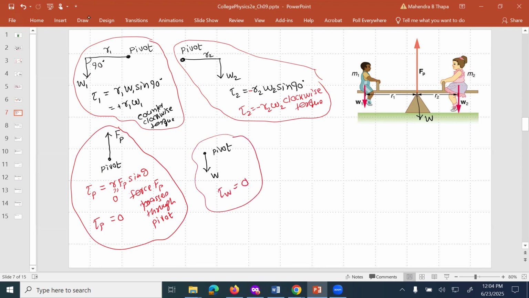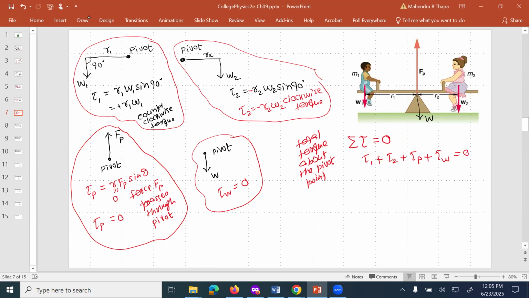Okay. Now we can use the concept of equilibrium. One of the requirements is that total torque will be equal to 0. So this is the total torque about the pivot point. We can write tau 1 plus tau 2 plus tau P plus tau W, and that should be 0.